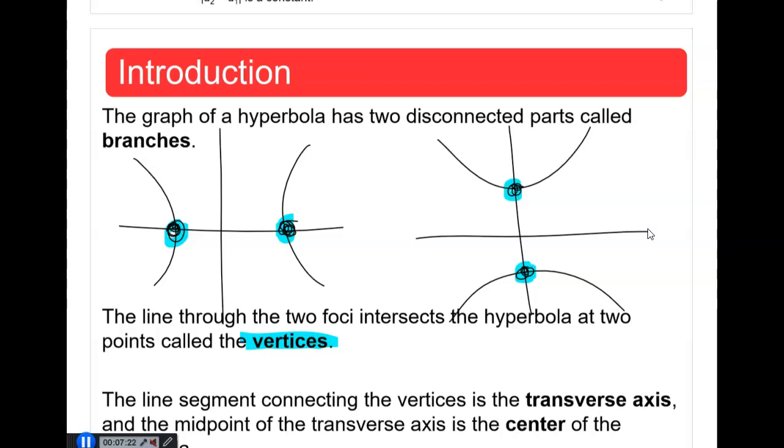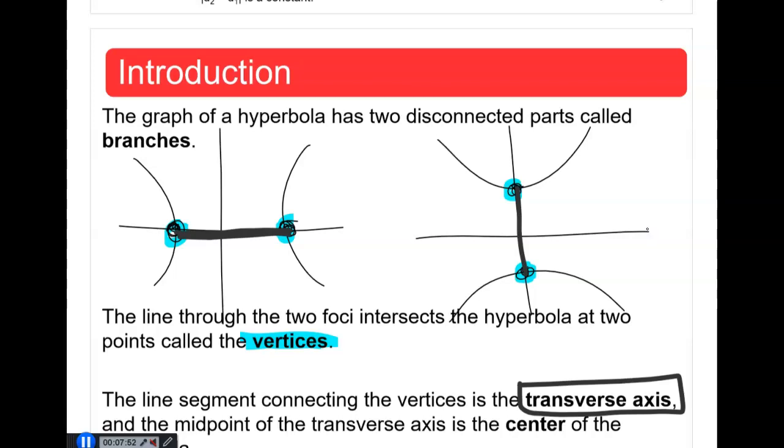And the line that intersects that, let's use this. So that line is actually called the transverse axis, the one that connects the two vertices. So you could see with the hyperbola on the left side of your screen, the transverse axis happens to be a horizontal line.